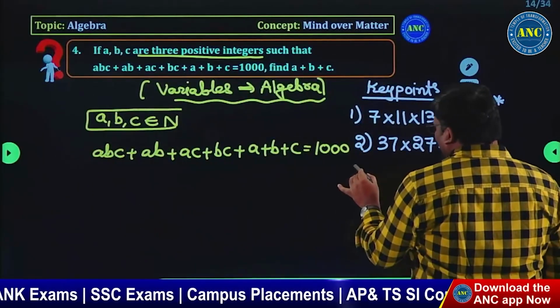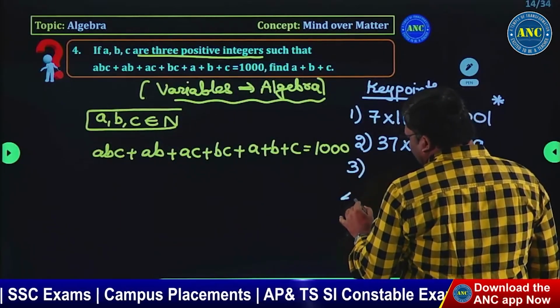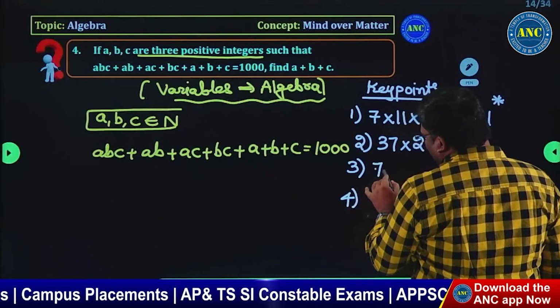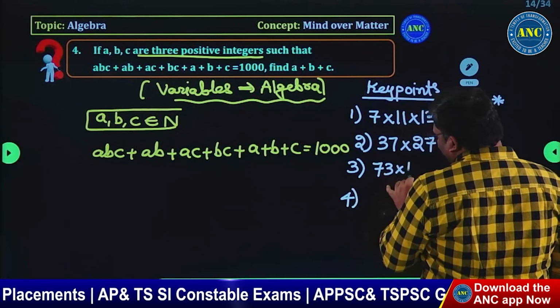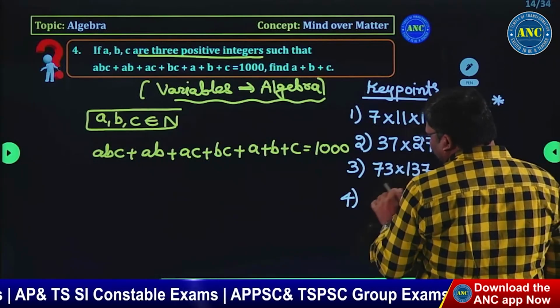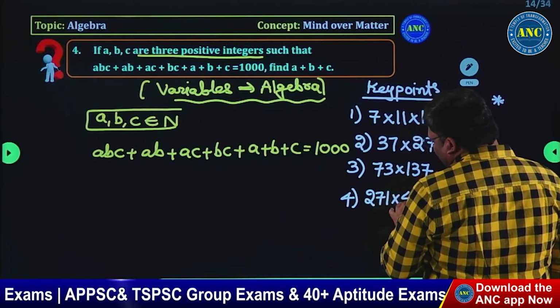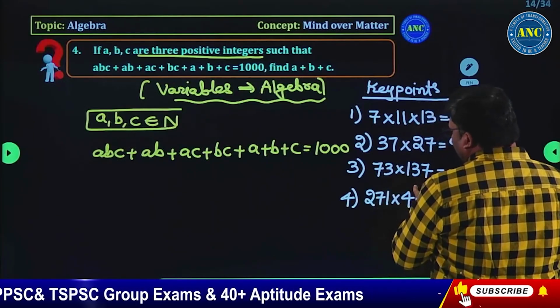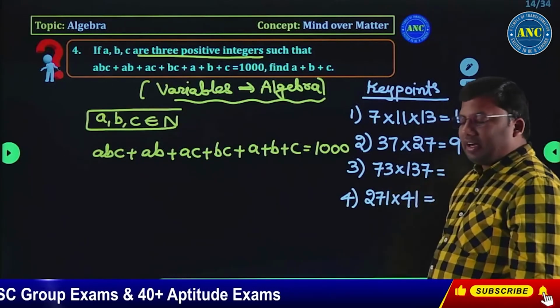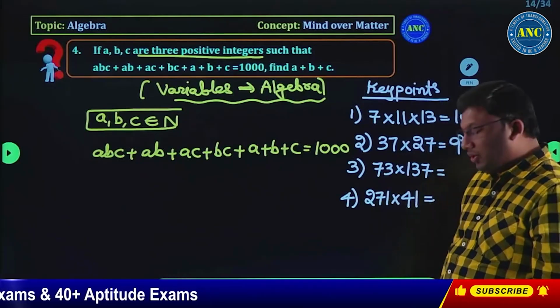If he wants to make it difficult, he can give you these two also: 73 into 137, and 271 into 41.